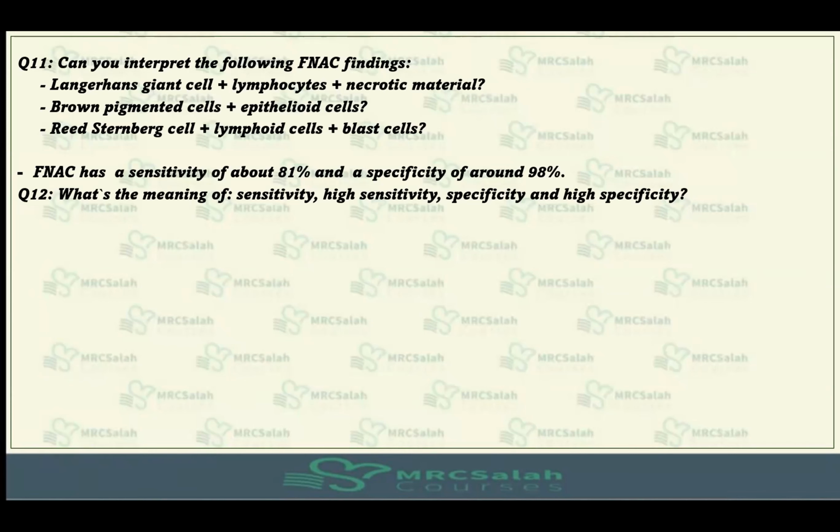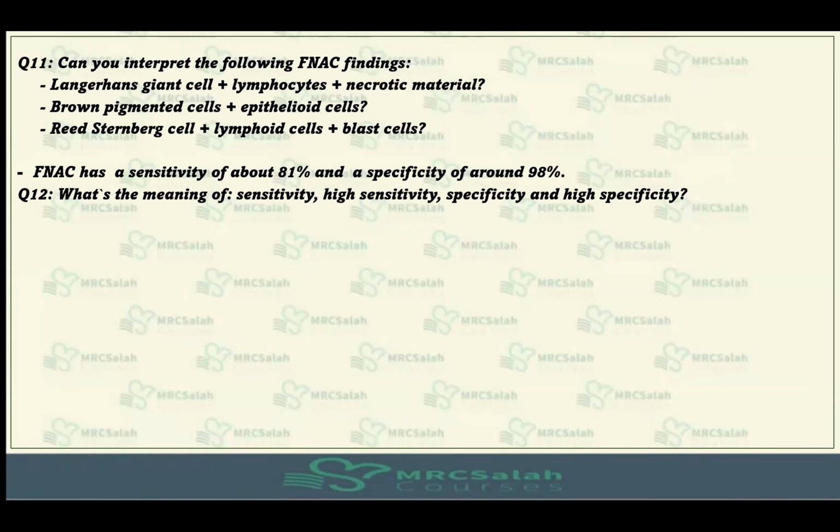And what is the meaning of high sensitivity? It's a low number of false negative results. Okay. Now specificity. Specificity is the ability of the test to identify the person who is disease free.